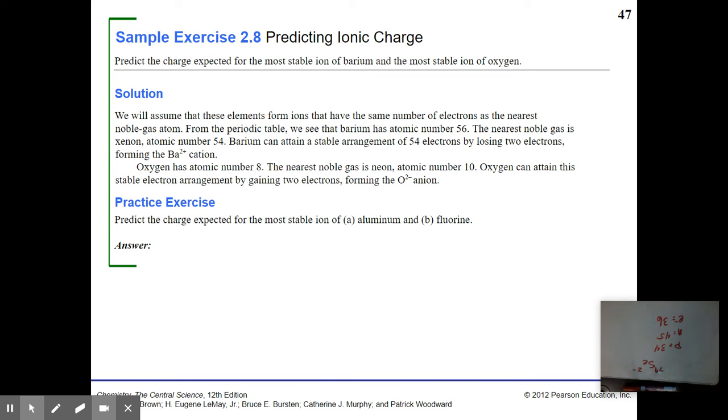We will find out in the not too distant future that carbon, instead of getting rid of or taking in electrons, is likely to share. That's a totally different type of bonding. We call that covalent bonding. What do you think the word covalent means?